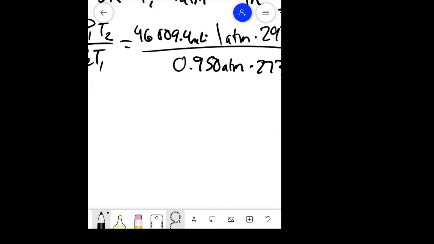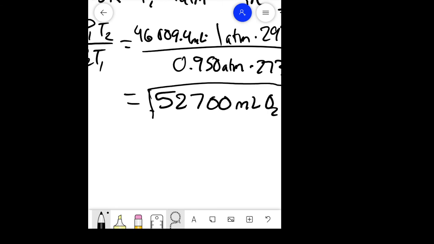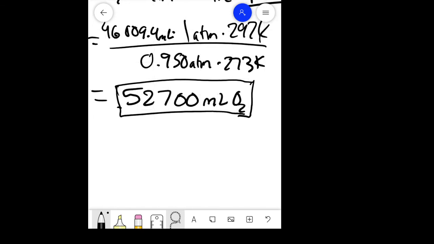And once we do that math, we get that the actual volume is 27,000 milliliters of O2. So that's how you do it when it's not at standard temperature and pressure.